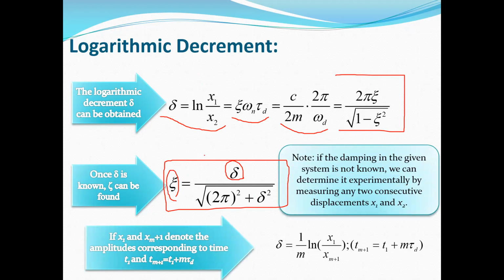Another point: you can obtain the logarithmic decrement for different cycles. For example, you have the response in the first cycle, x1, and you also have the response at another time, t sub m plus 1, which is equal to t1 plus m times the period, where m is the number of cycles between the first cycle t1 and the t sub m plus 1 cycle.